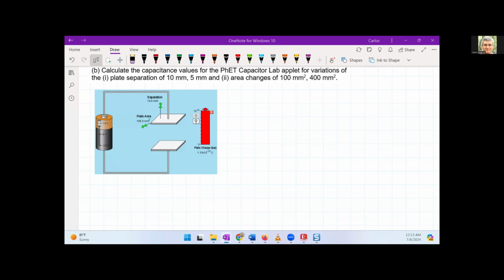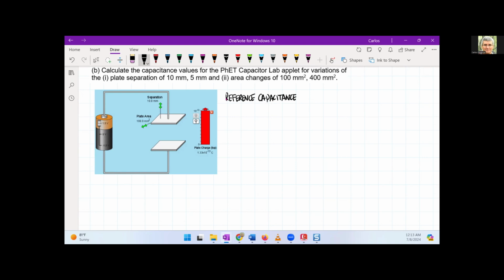I just got to get some numbers here, and I'm going to say that this is my reference capacitance. So everything will be compared to this capacitor.